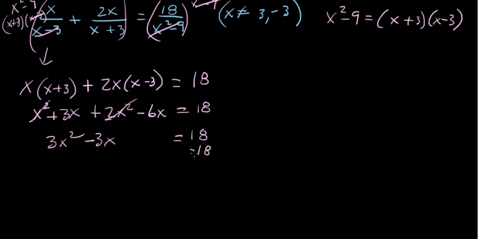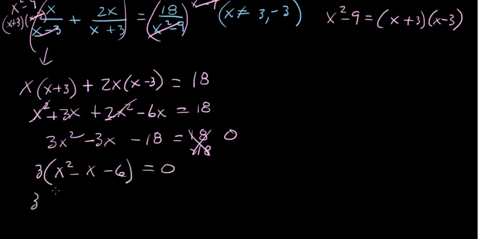Of course, if I subtract 18 from both sides, I get 3x squared minus 3x minus 18 equals 0. If I take 3 out of this, I have x squared minus x minus 6 equals 0. I have 3 times x minus 3, x plus 2 equals 0.